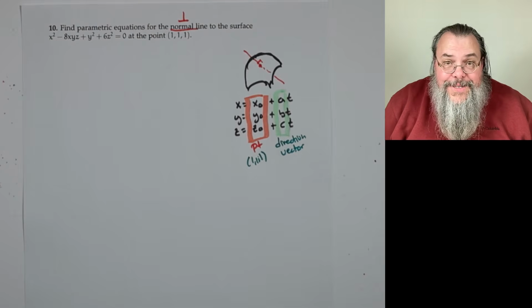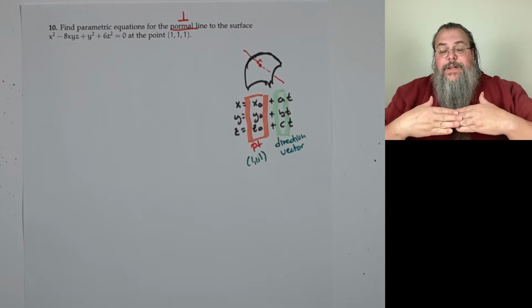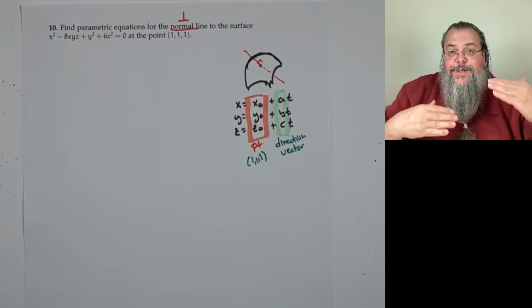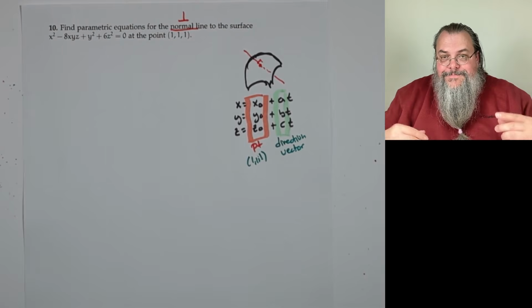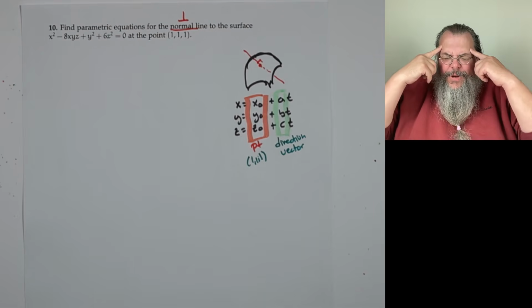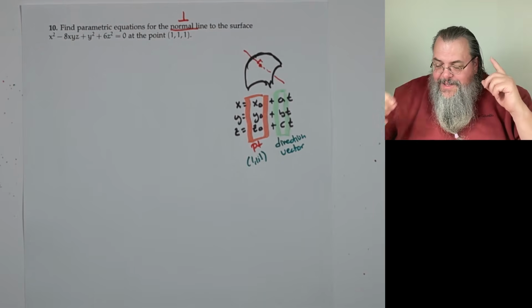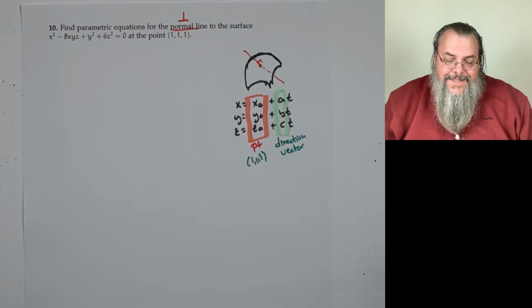Now, the direction vector. We need something perpendicular to the surface. So we start thinking, what's perpendicular to things? And that's when we have the great aha.